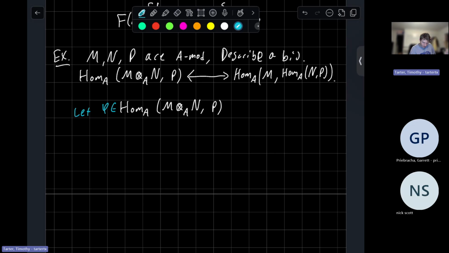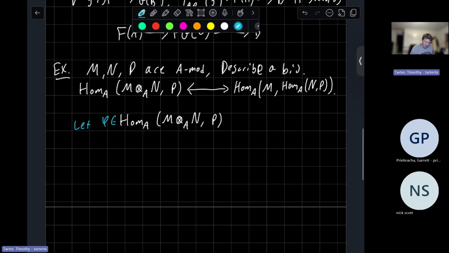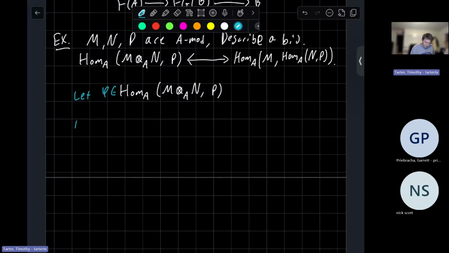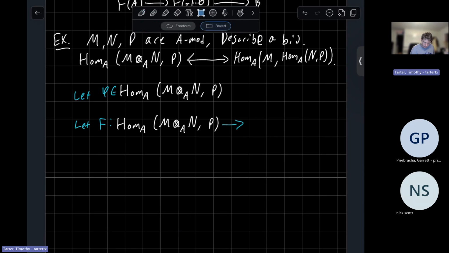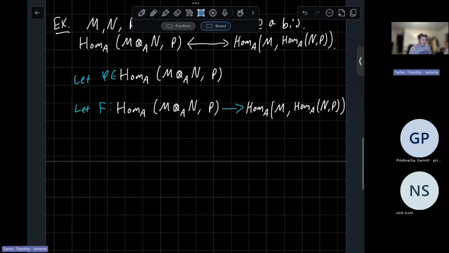And then we're going to want to describe an adjoint pair. Let F from A to this other thing. And we'll want to describe this in a way that it's not problematic. So I'm going to flip back to the section on tensor products, which is actually quite a while back.